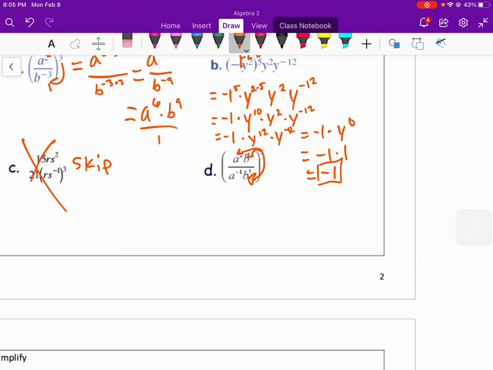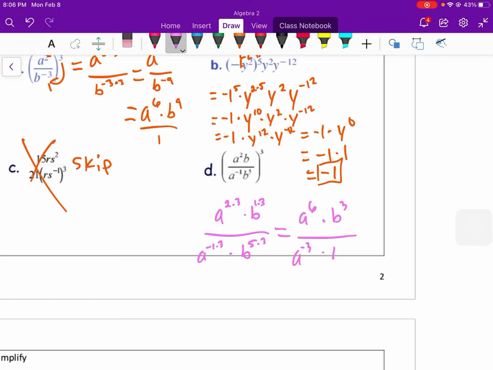I can't even see what my values were, so I need to see what they were. So a squared times 3 times b, it'd be 1 times 3 over a to the 1 times 3 times b to the 5th times 3. So when we rewrite that, we have a to the 6th times b to the 3 over a to the negative 3 times b to the 15th.